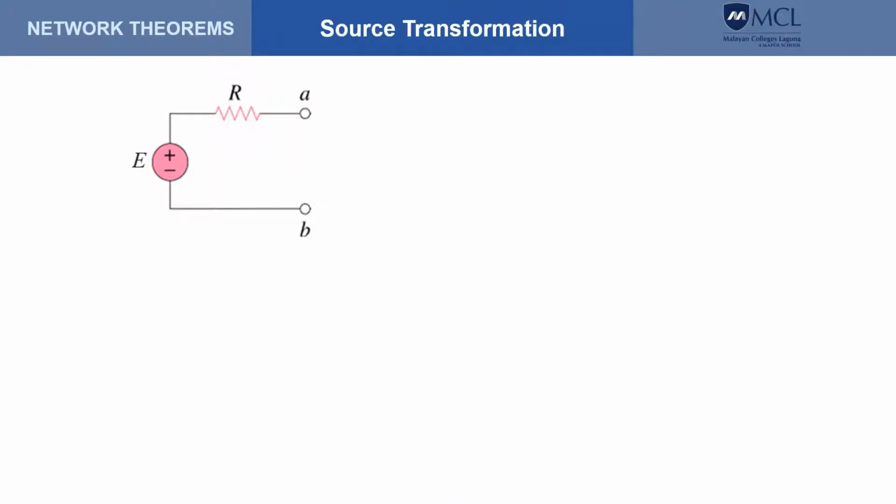Let's say I have a voltage source that is in series with a resistance. According to source transformation, this configuration can be converted into a current source that is in parallel with the resistance, where this current source is equal to E divided by R, and the resistance in parallel with that source is equal to R. So this R here is simply a copy of this R here.